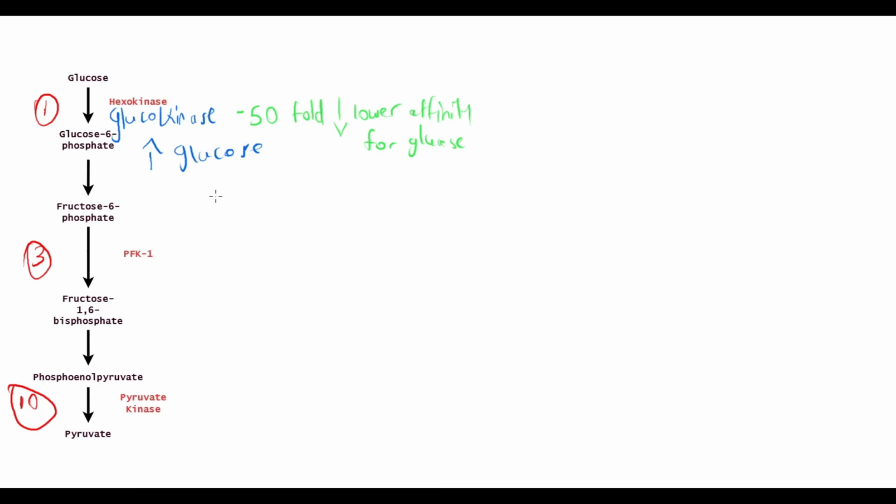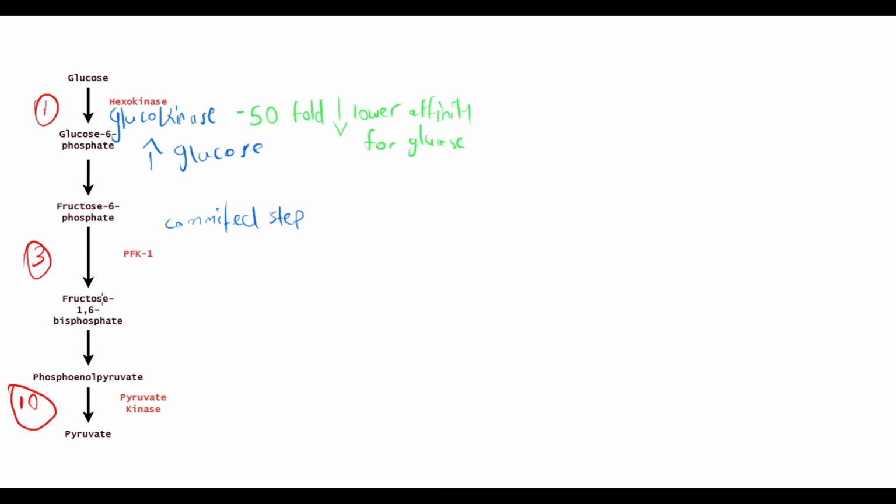Therefore, we're going to move on to PFK-1. Now, as we said before, PFK-1 is the committed step for glycolysis. Why? Because glucose 6-phosphate is the intermediate for other metabolic pathways, while with the PFK-1 reaction, fructose 1,6-bisphosphate is the intermediate that is used for glycolysis only.